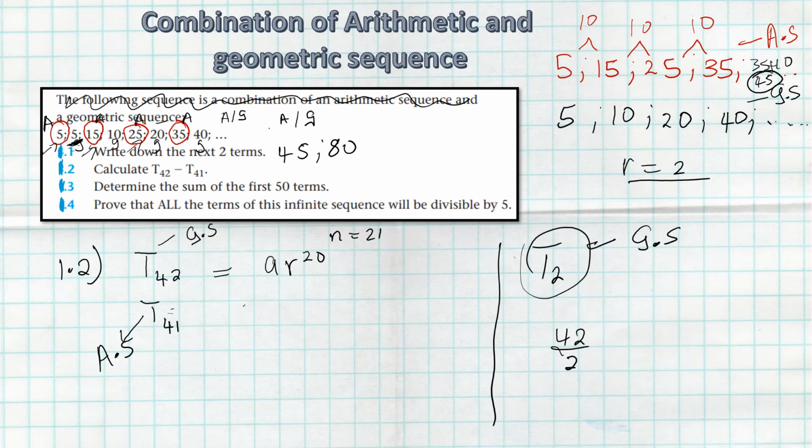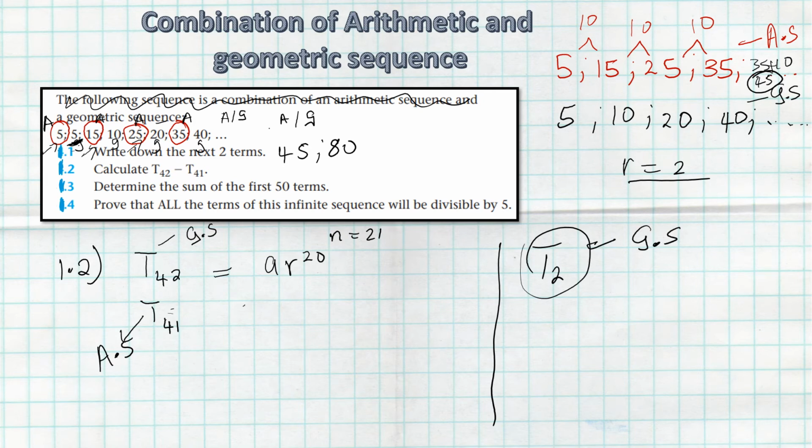So 42 is not basically the position on that geometric sequence, but on the general combination. To get the position on that specific sequence, you just divide by 2 and check. Now term 41.